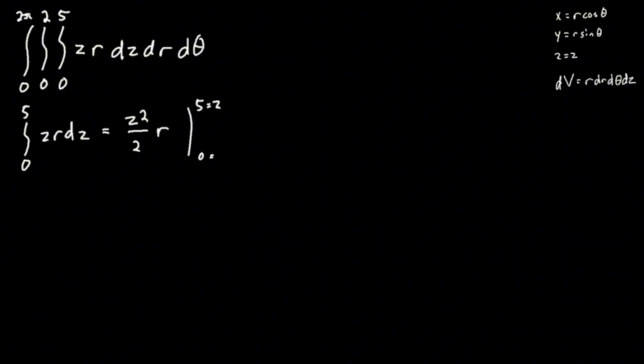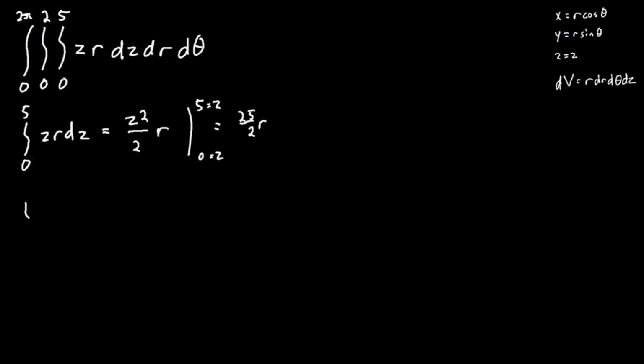Substituting 5, we get 25 over 2 times r. Substituting 0 turns the entire function to 0, so we don't subtract anything. This is our new function.